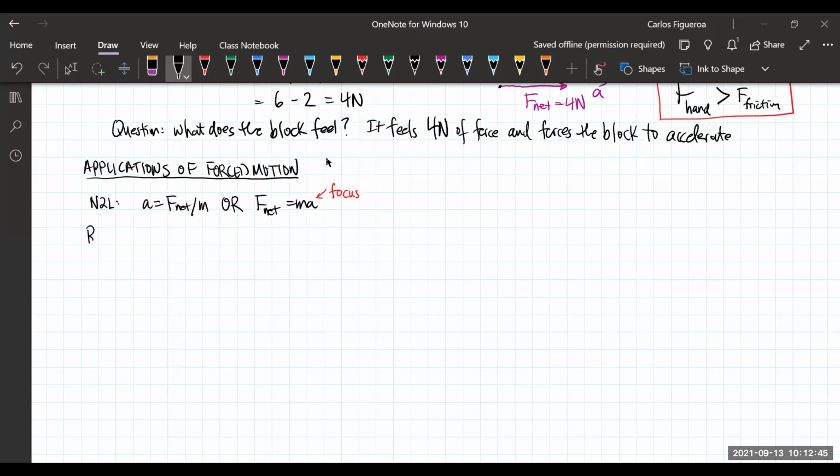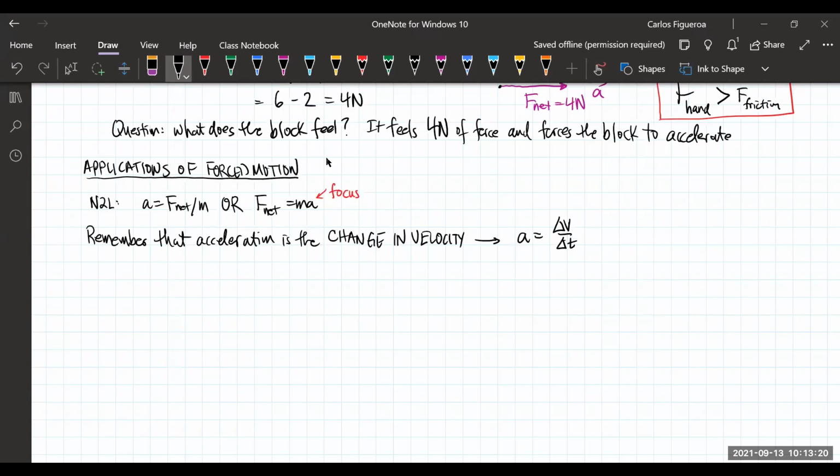So now let's remember that acceleration is the change in velocity. And what we mean by that is we wrote the acceleration is the change in velocity divided by the time. And that's what we did in chapter 1.